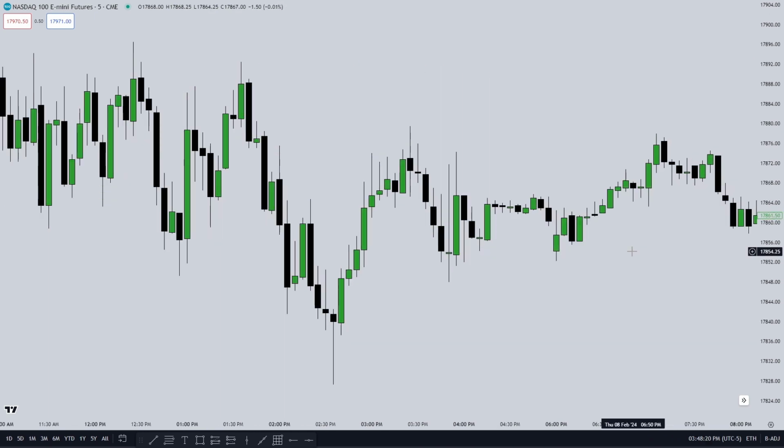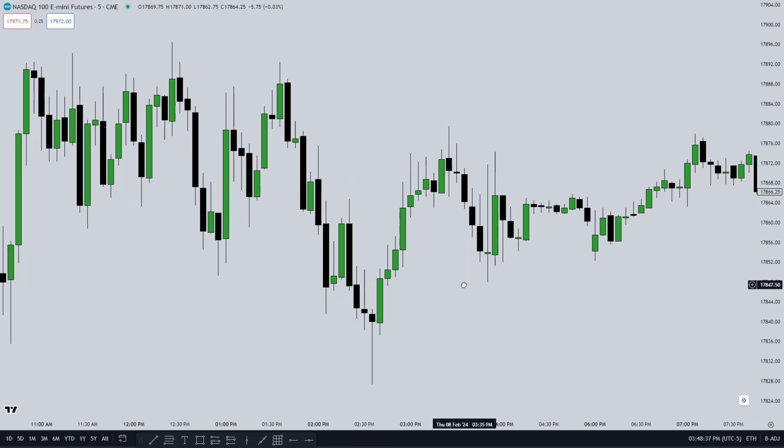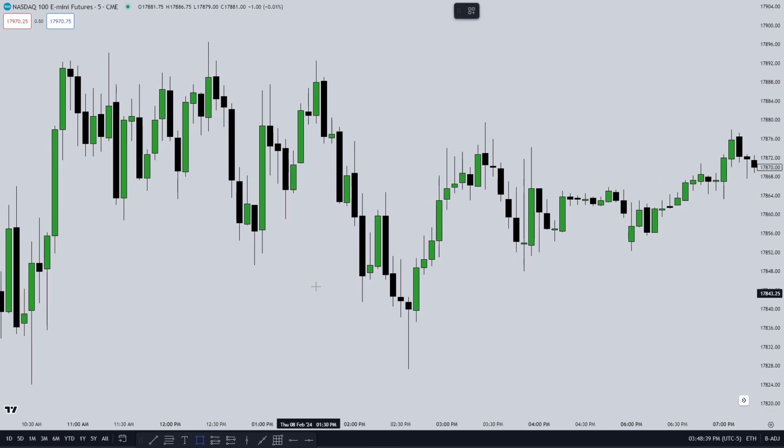So here's an example of not 100% of the time when it closes above and creates an inverse. It's not always going to just rush through and proceed to the next high. And this is a good example right here.